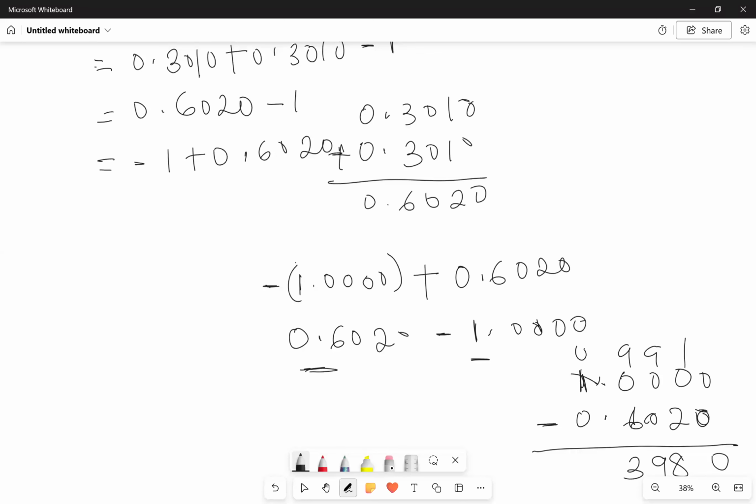This one will be 3.0. You get it? And now remember, the one was negative. So we bring the negative over there. Originally it was negative, right? So that makes it negative 0.3980.